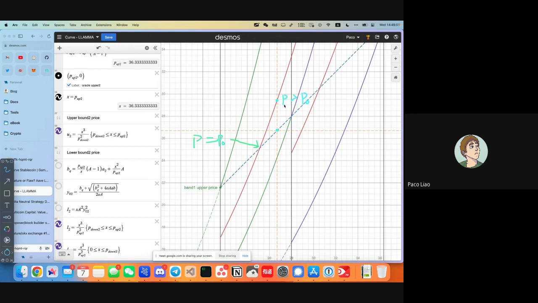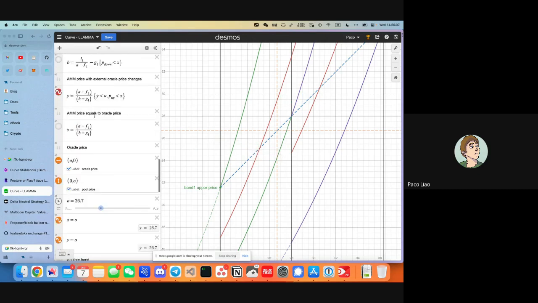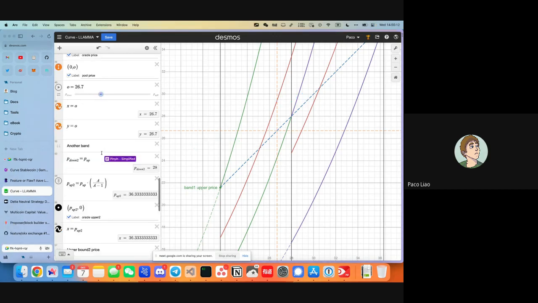Since the ETH price in this AMM is higher, they will sell ETH to the AMM. So the ETH reserves in this range will increase. Let's say they sell ETH to this AMM.